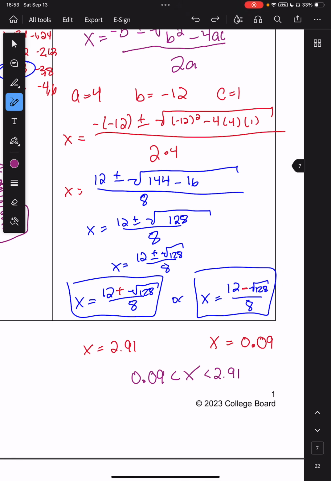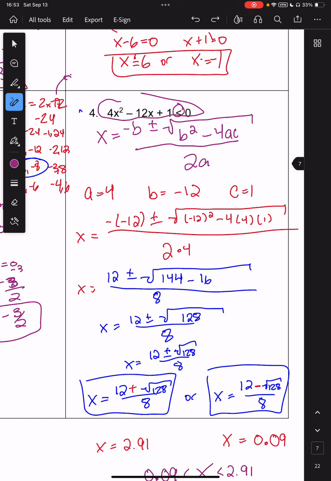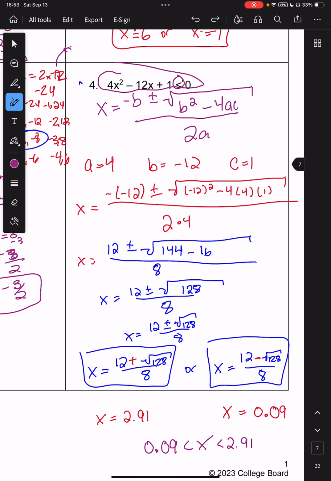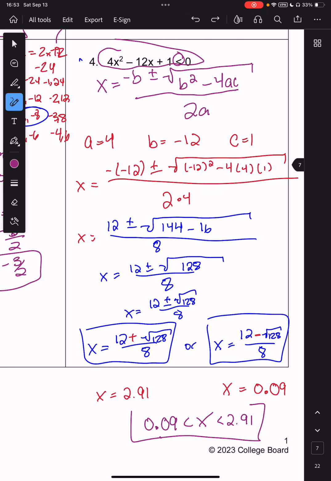X is a value between these two numbers. X cannot be greater than 2.91. If x is 3, it doesn't work. It won't solve this equation over here. If x is negative 10, it is less than 0.09. It won't work. So our answer is in fact this, 0.09 is less than x, which is less than 2.91.